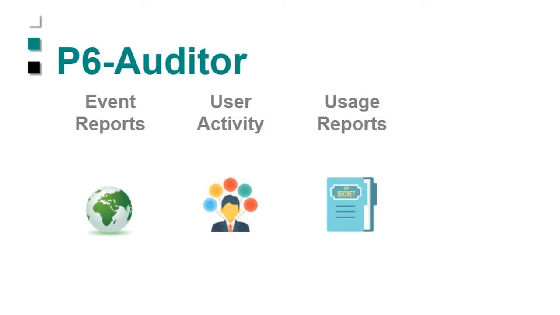We look at the user activity, so the logins, the licensing, just to make administering that aspect of P6 easier for the admin people or person. And then usage reports. Usage reports has a bit of overlap with our P6 Loader tool, but this is meant to allow people to go see where things are used. So things like activity codes, things like user-defined fields.